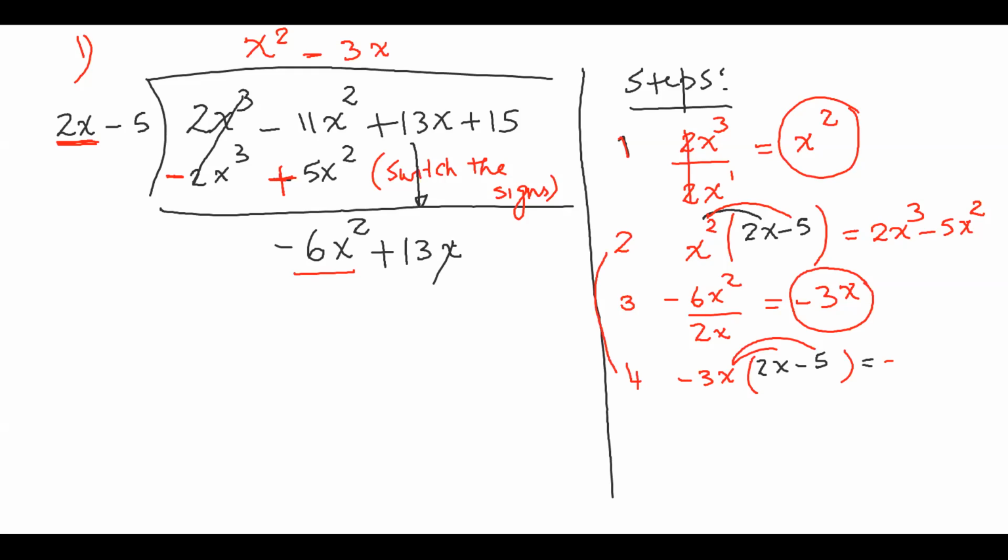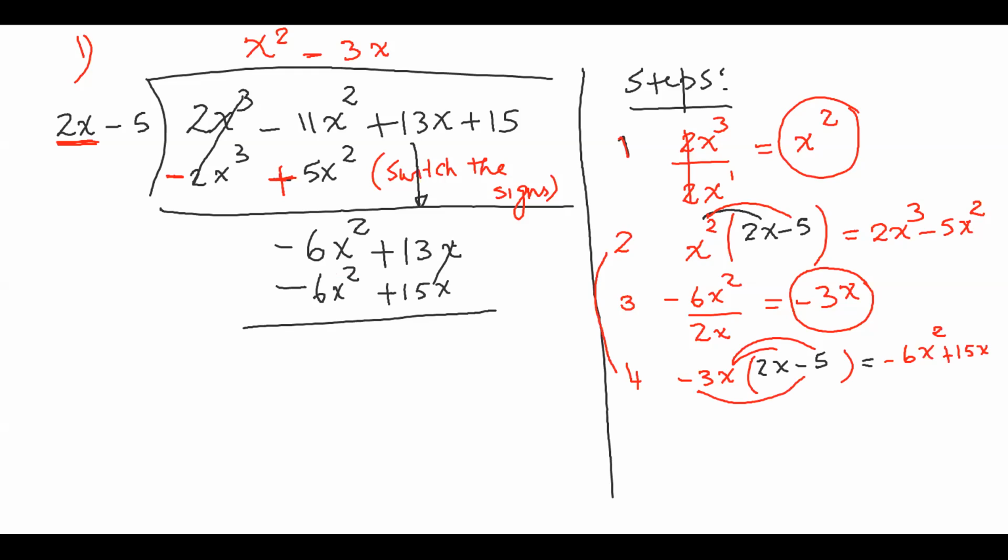So we get negative 6x squared, and negative 3x minus 5 is plus 15x. Again, this always goes under the dividend. So this is the dividend now, negative 6x squared plus 15x.